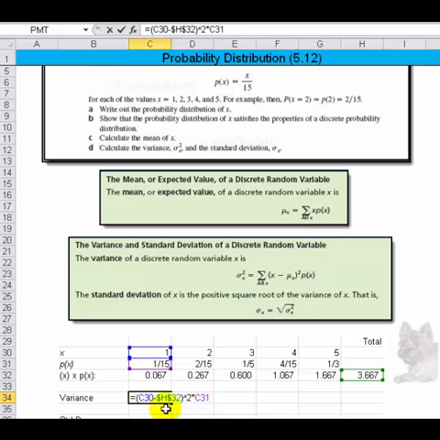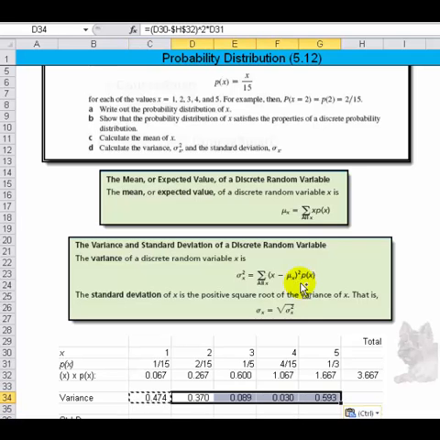I put dollar signs around it so that when I copy it, it is a permanent reference to cell H32. Then we square it, and then multiply it times the probability of x. So all we're doing is working this formula except for the summation. If I copy that over for all 5, you'll see it all works.